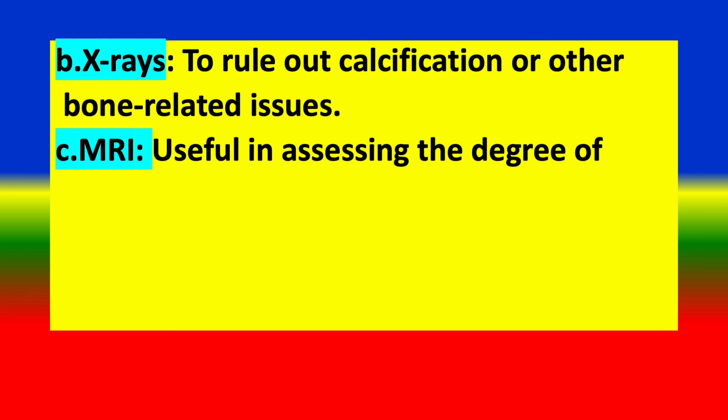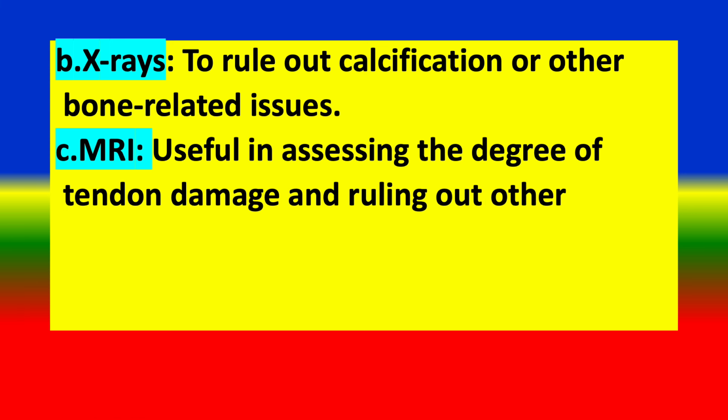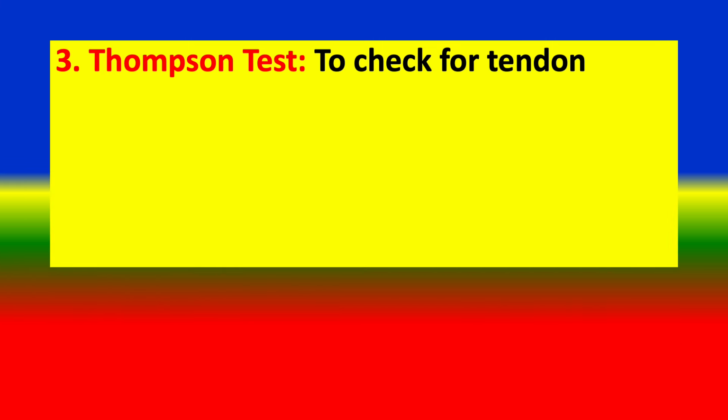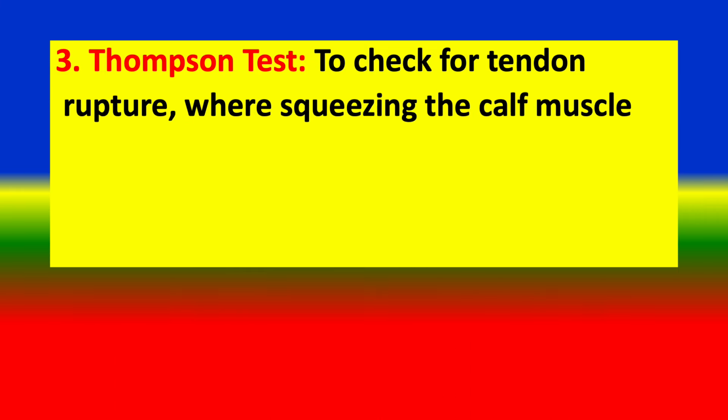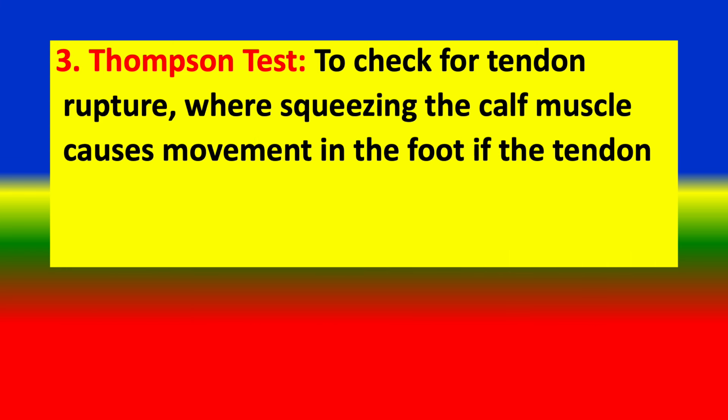C. MRI, useful in assessing the degree of tendon damage and ruling out other conditions. 3. Thompson test to check for tendon rupture, where squeezing the calf muscle causes movement in the foot if the tendon is intact.